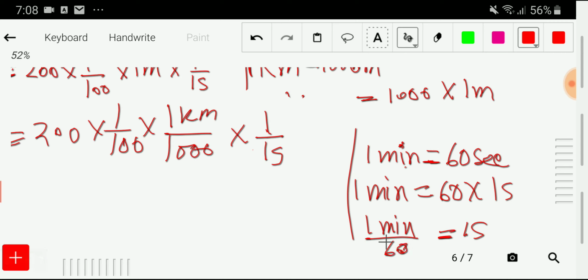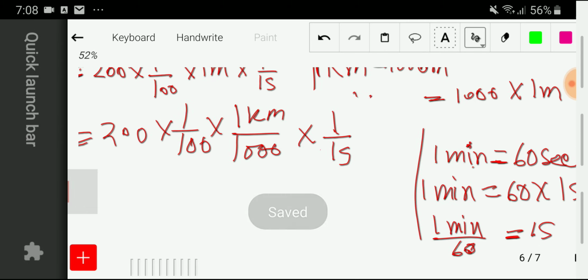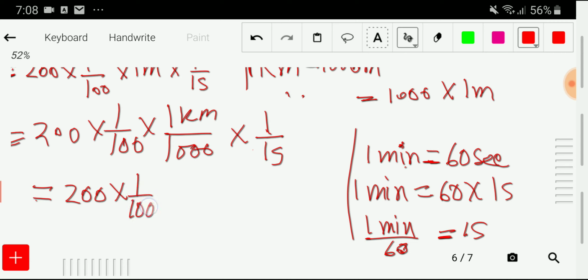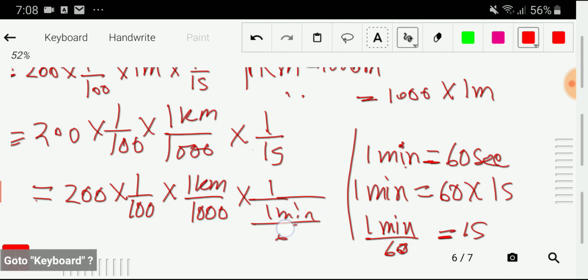So I'll put the value of 1 second here: 1 by 100 times 1 kilometer divided by 1000 times 1 minute divided by 60.